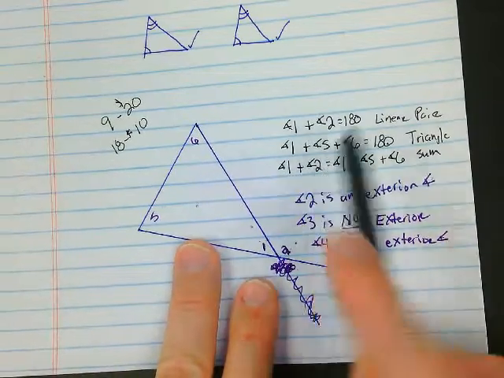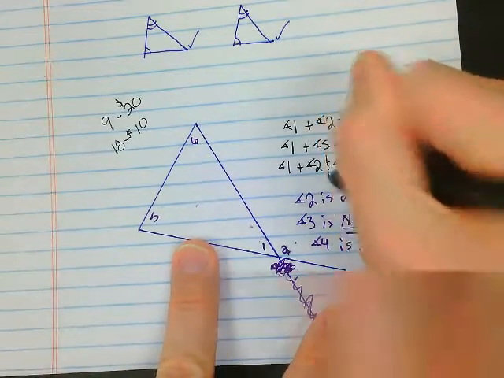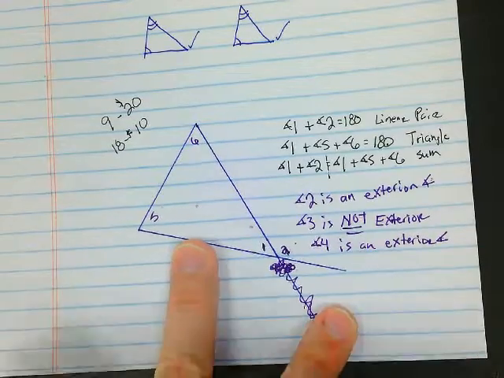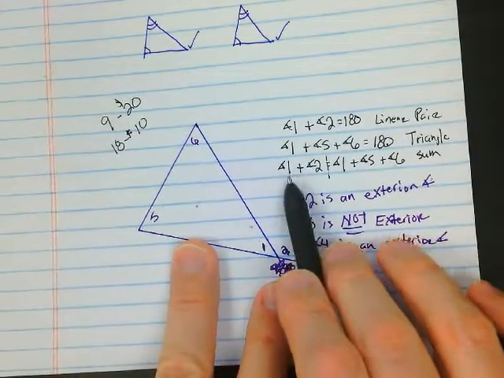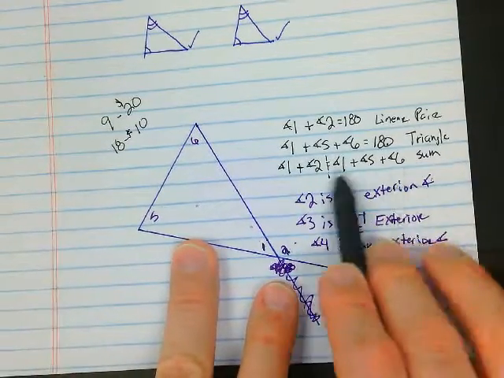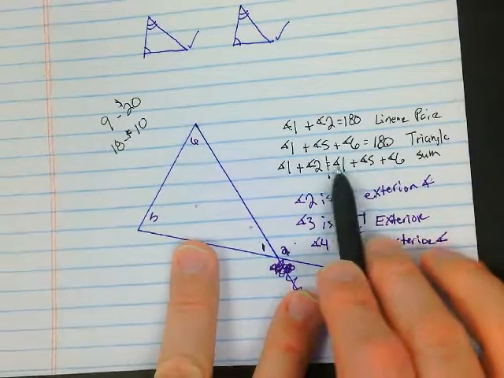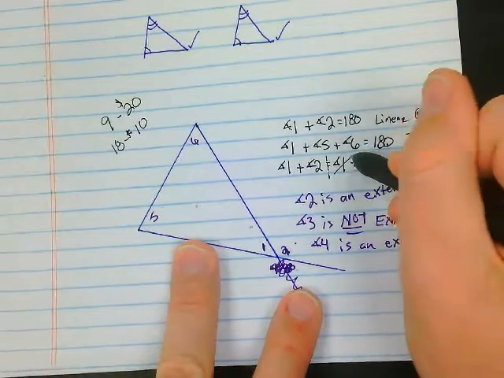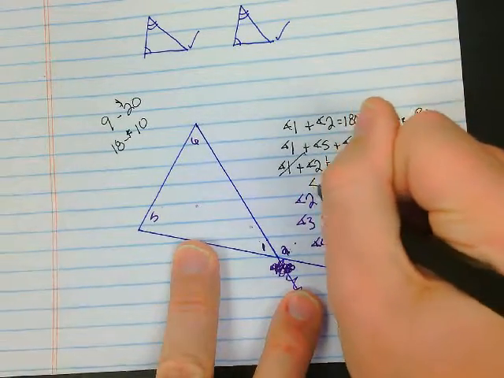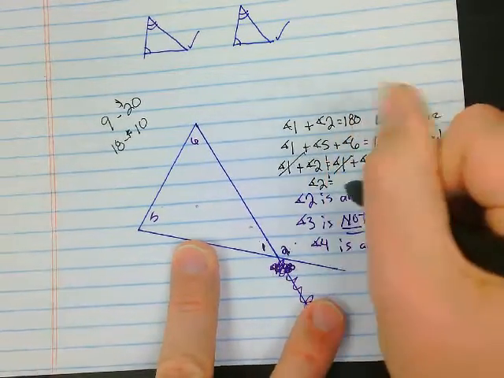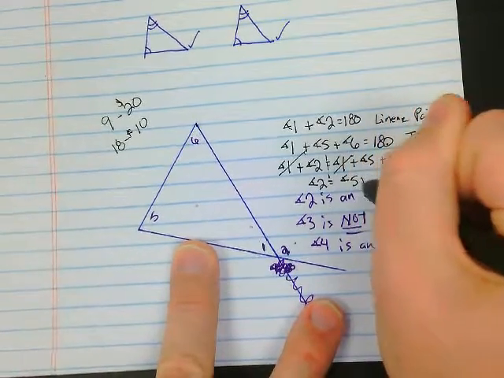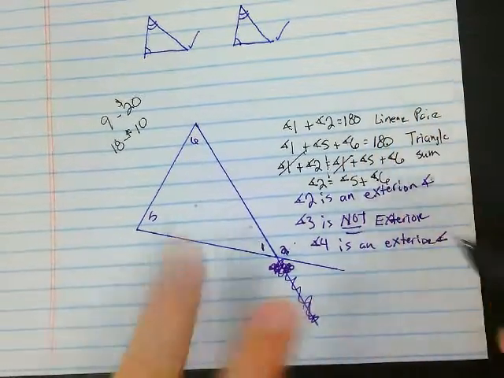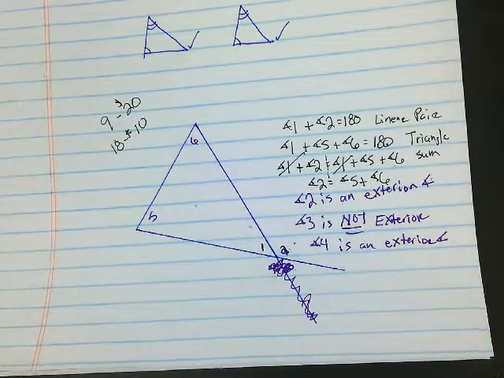Well, what angle do both sides of my equal sign have in common? What angle does the left-hand side of my equal sign and the right-hand side have? Angle 1, right? So I can subtract angle 1 from both sides, where those would cancel, and I'm just left with angle 2 is equal to angle 5 plus angle 6.